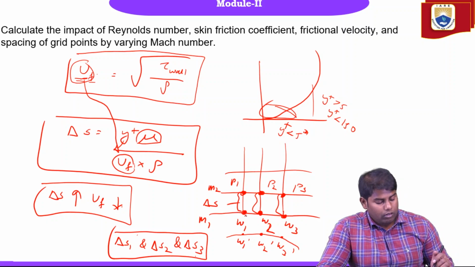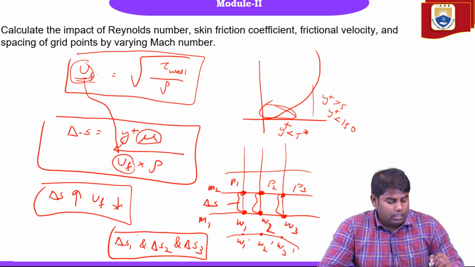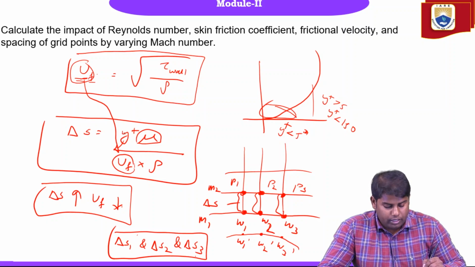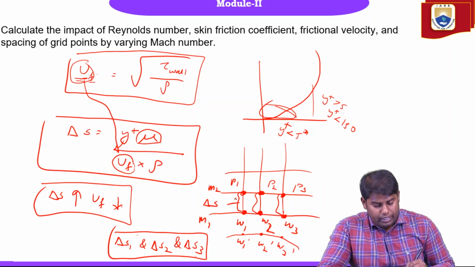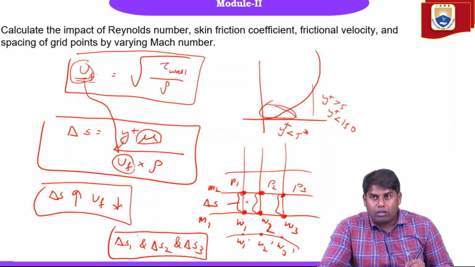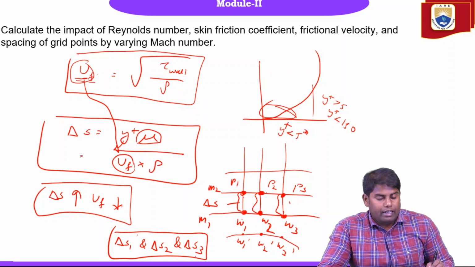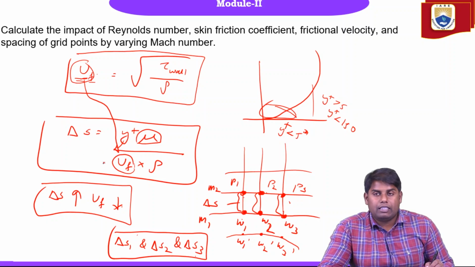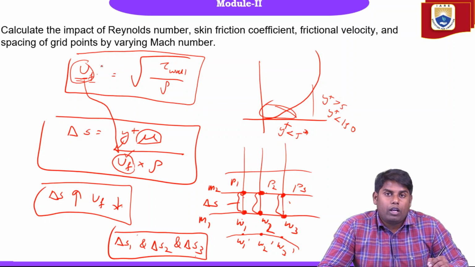Fine. Now coming to the explanation of this, delta S depends on y plus, mu, UF and rho. So the spacing between W1 and P1, or W2 and P2, W3 and P3, delta S, will decrease when your UF increases. So at the end, what happens? Your frictional velocity is increasing.